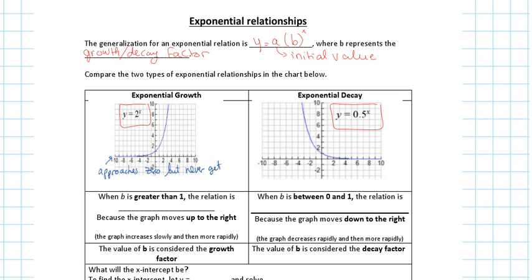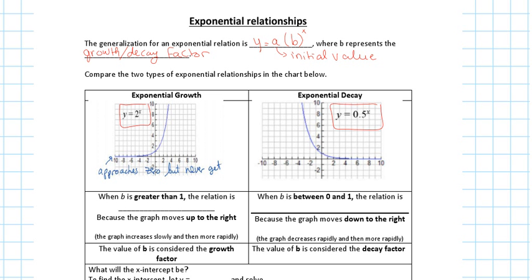If your base is greater than 1, as long as it's greater than 1, then you have an exponential growth. So 1.5, 1.05, 1.3, 3, 7, you have an exponential growth. Once your base is between 0 and 1, like 0.25, 0.5, 0.1, 0.8, that's called an exponential decay.